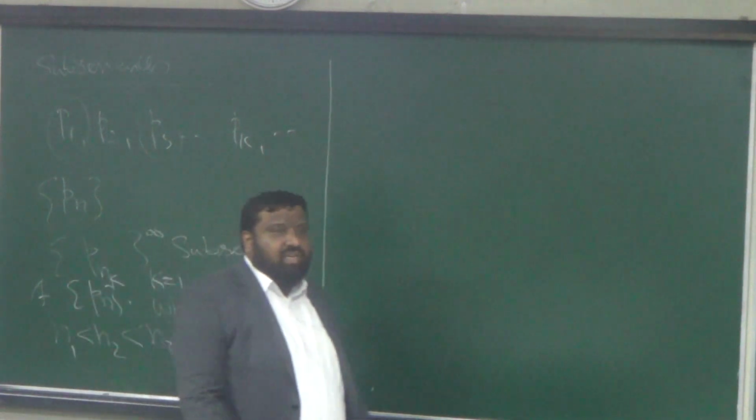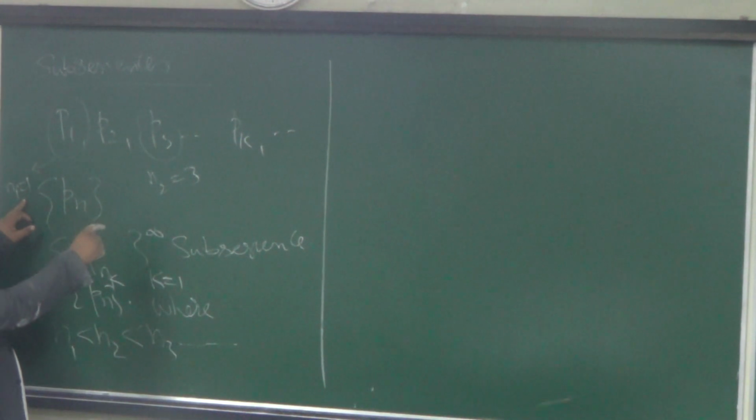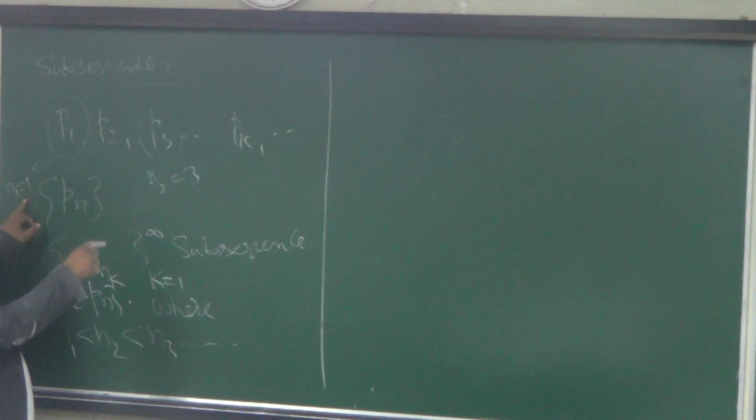So should the indices be smaller than each other, or the terms also? No. There is no comparison of values of terms actually. The indices should be smaller. In other words, since I am taking this as my first term, my n1 is 1, and I am taking this as a second term, so my n2 is 3. No matter what n1 and n2 are, n1 should be smaller than n2. Is it making sense?